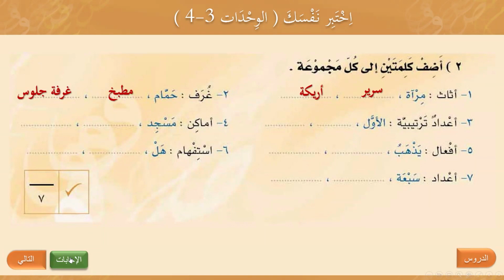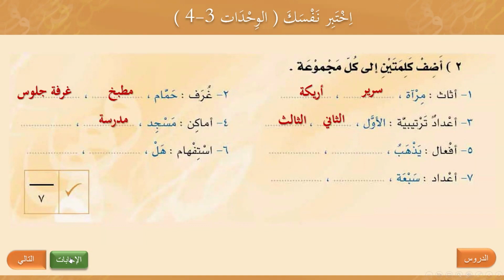A'dadu tartibiyatu, now we talk about the ordinal numbers. So al-awwalu, al-thani, al-thalith, al-rabi, up to al-ashira. So you can put here al-thani, and then you can also put al-thalith. Amakin, places. We have learned about different places like masjid, maktaba, and bayt, and there are so many places that you can put in over here.